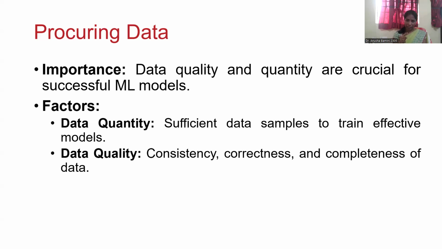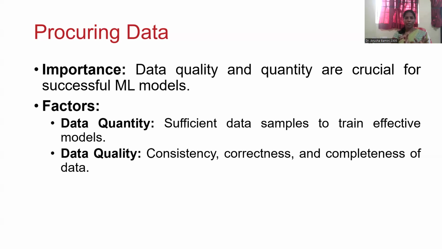Whether the input data is correct. For example, if you are identifying whether the animal moving in the forest is a dog or cat, we have to train a model with proper cat and dog images. We can't train the model with horse images or elephant images, because our outcome is whether the particular animal is a dog or cat.